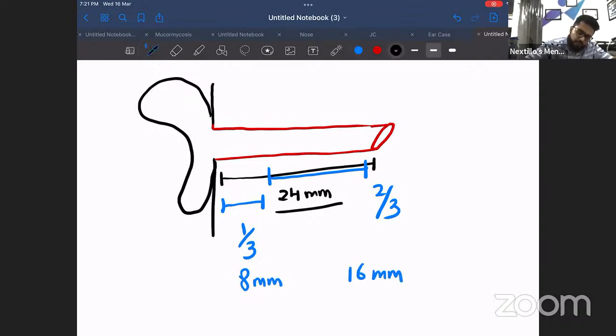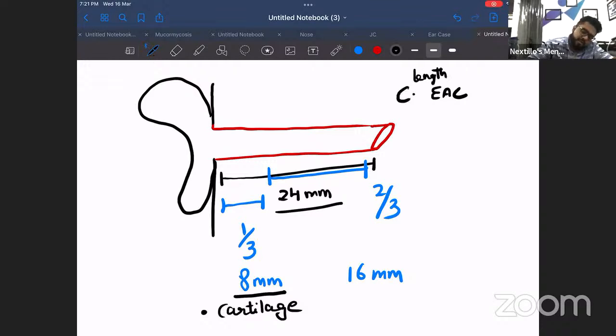So the outer one third of 8 millimeters is made up of cartilage, and hence is called the cartilaginous EAC. Sometimes in MCQ they can ask length of cartilaginous EAC is 8 mm. Length of bony part of EAC is 16 mm.